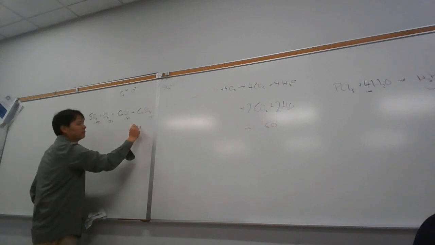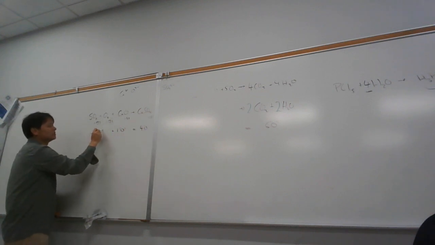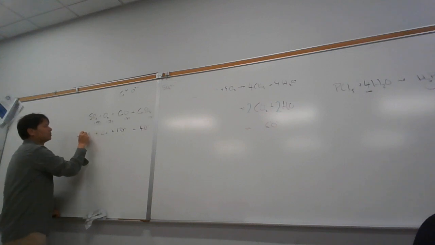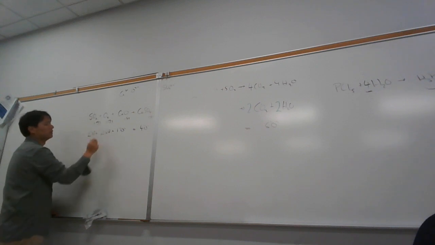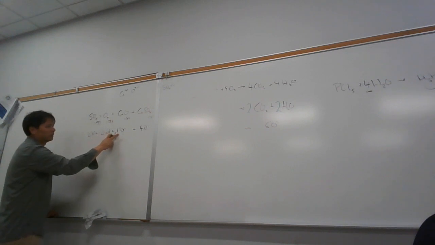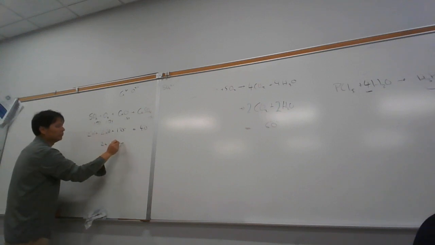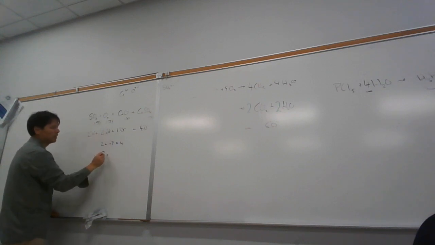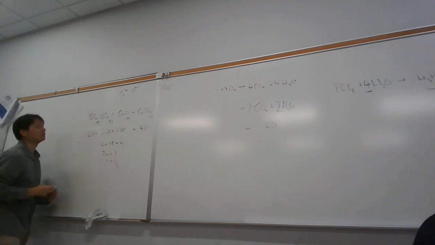Over here, we're fixed at 4 oxygens, which is equal to 1 oxygen plus 2x plus 2 oxygens. So basically it's going to boil down to this: 2 plus 1 is 3. And then 2x plus 3 is equal to 4. That means 2x is equal to 4 minus 3, which is 1. So x is equal to 1/2.